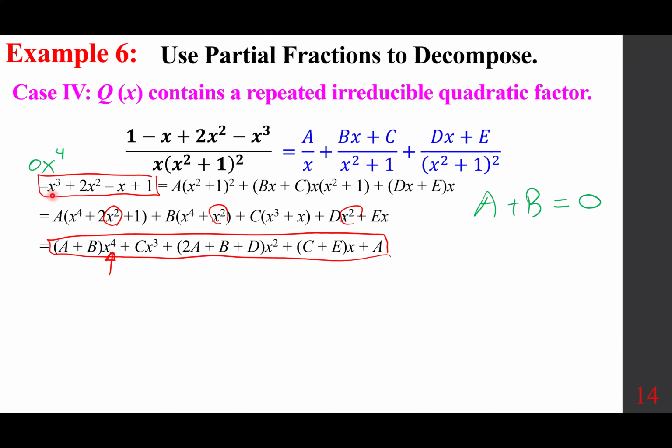X cubed. Take a look, everybody. Let me use a different color. That means c must be -1. X squared means 2a plus b plus d must be 2.